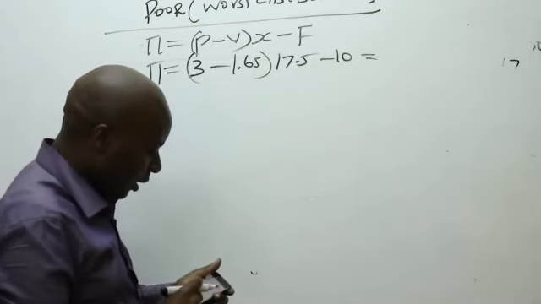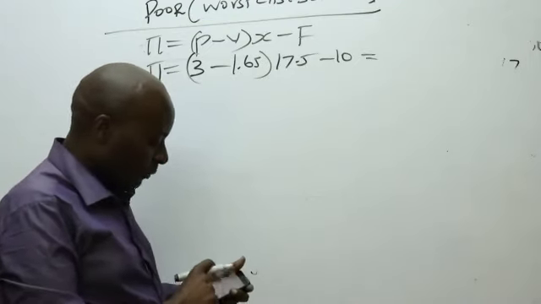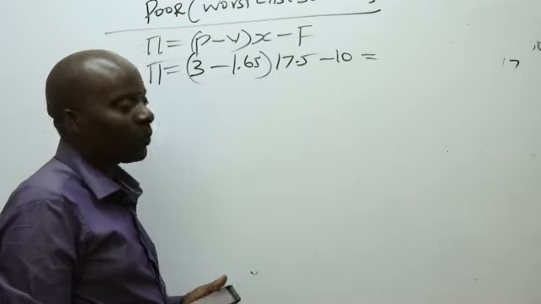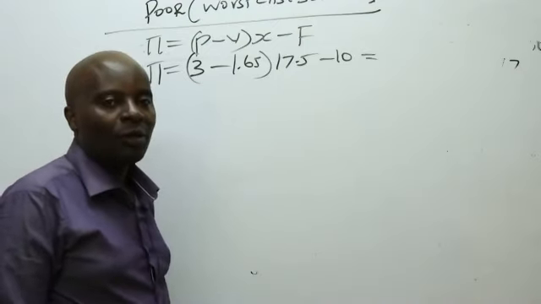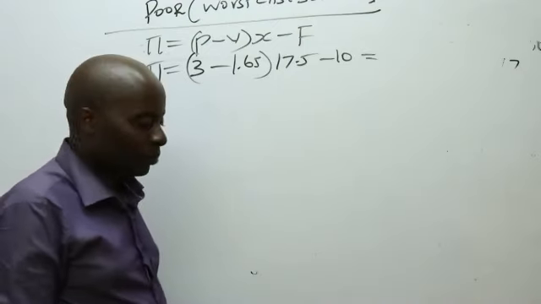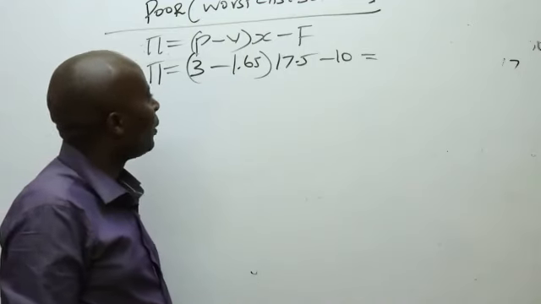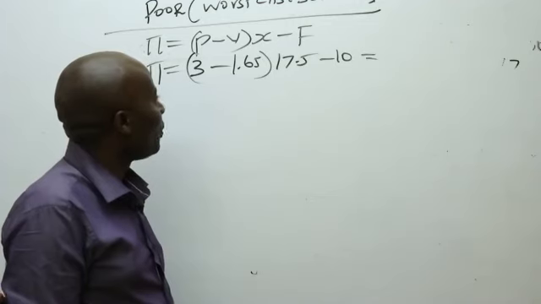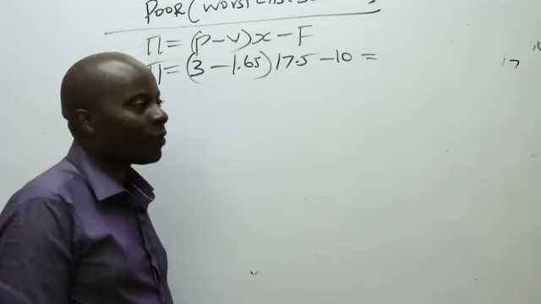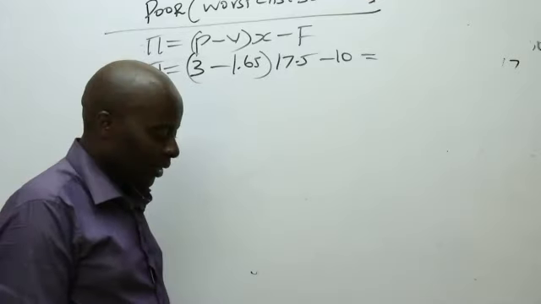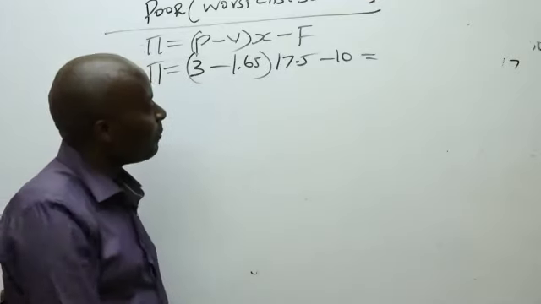So could you kindly give us the total profit? So profit will be equal to 3 minus 1.65 multiplied by 17.5 minus 10.